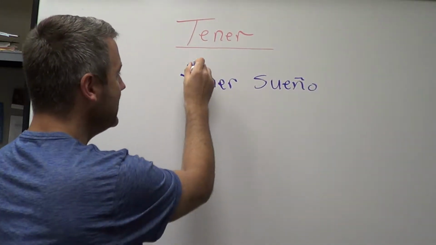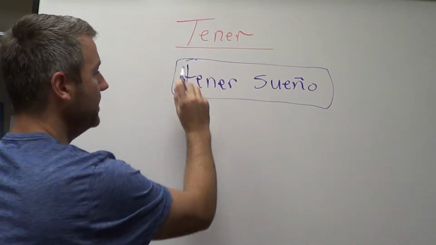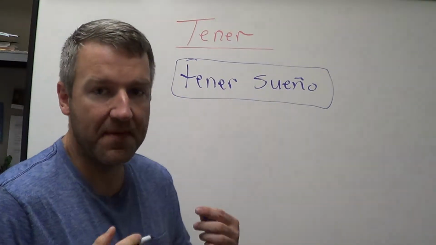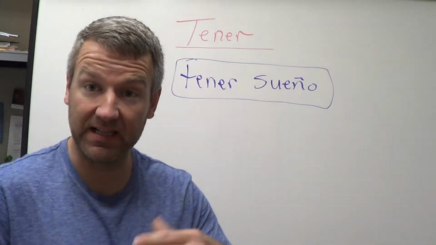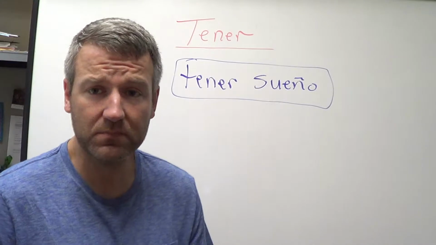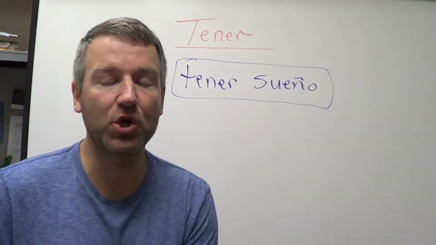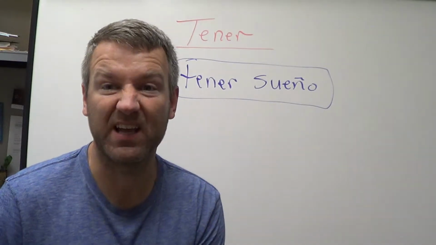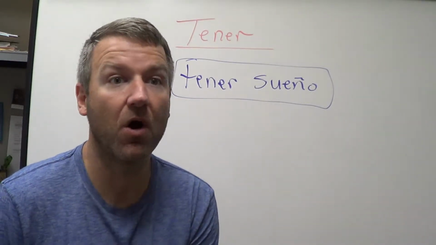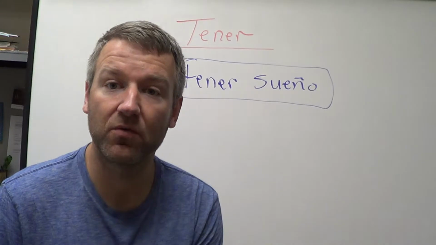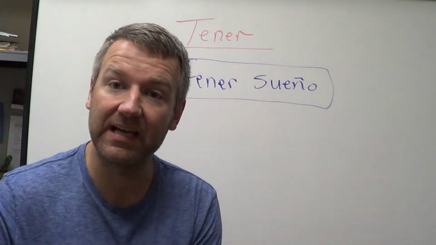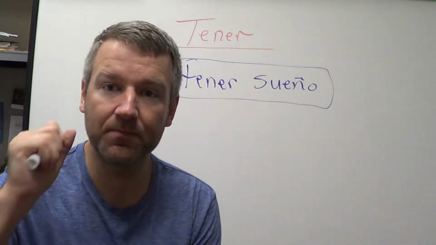So in Spanish, when we use this expression, tener sueño, the meaning that is delivered in that is that someone is sleepy. Now, I know that we learned earlier that the verb for is or am or are is ser. Remember, yo soy, tú eres, él es, nosotros somos, ellos son.